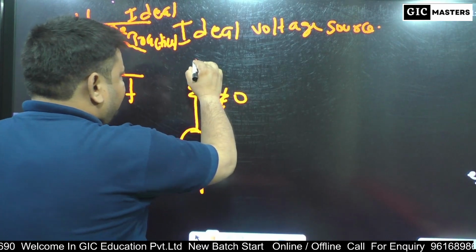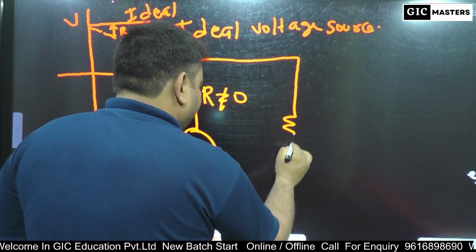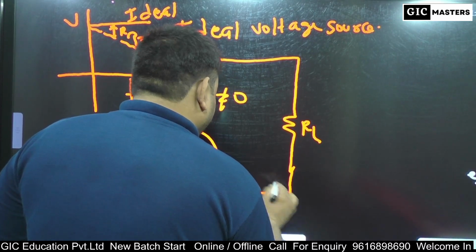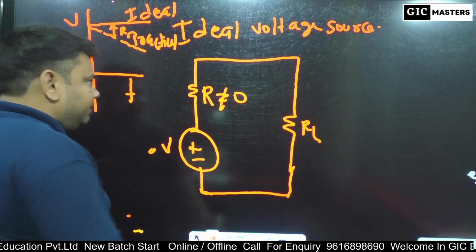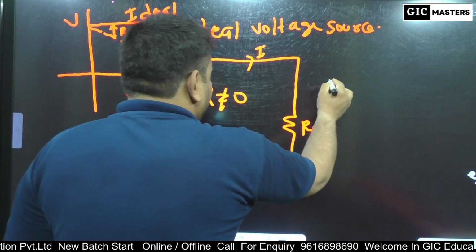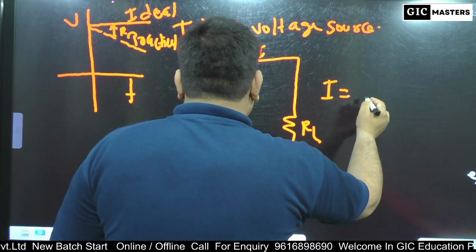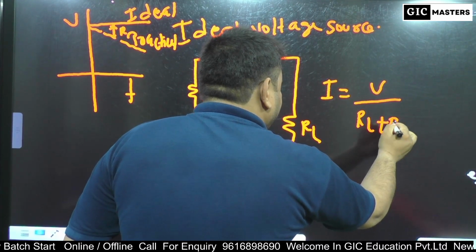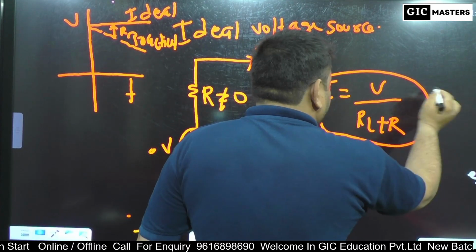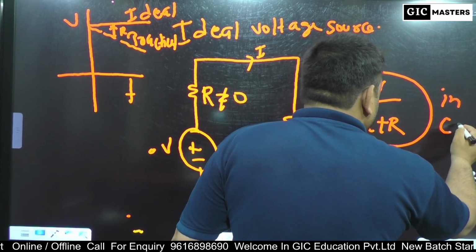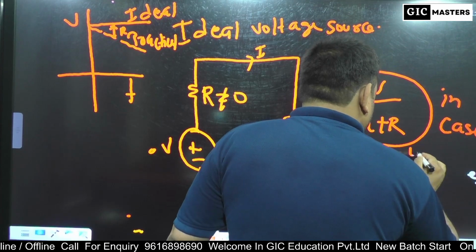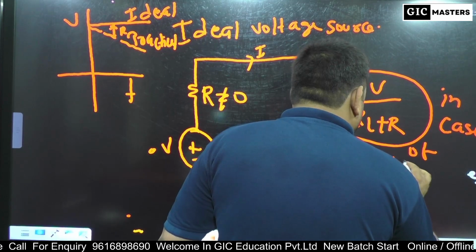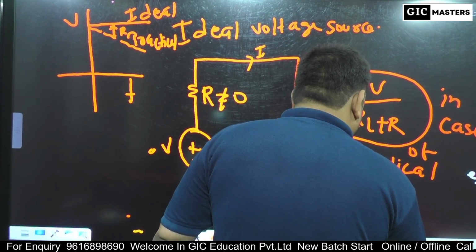When we connect a load resistance RL with this circuit and close this circuit, then total current I equals V upon RL plus R in case of a practical voltage source.